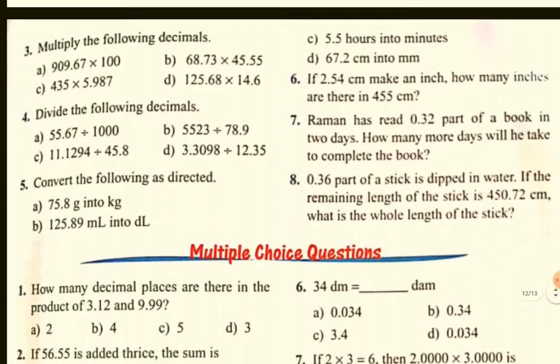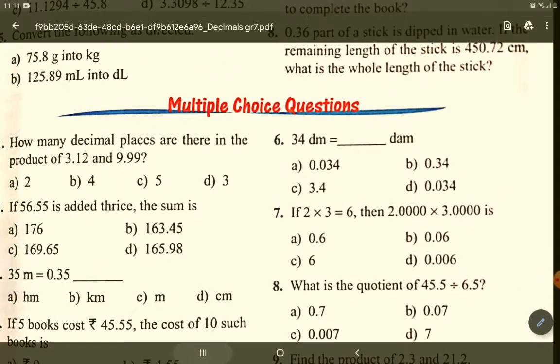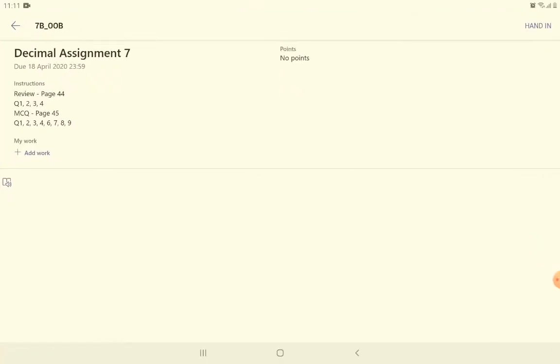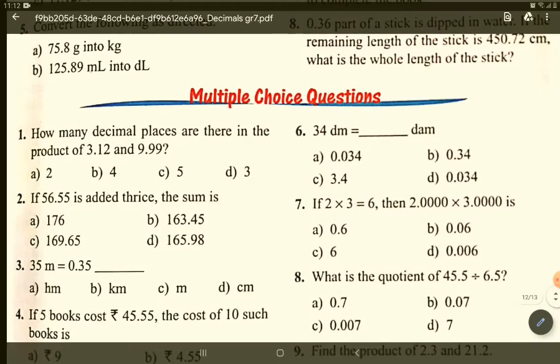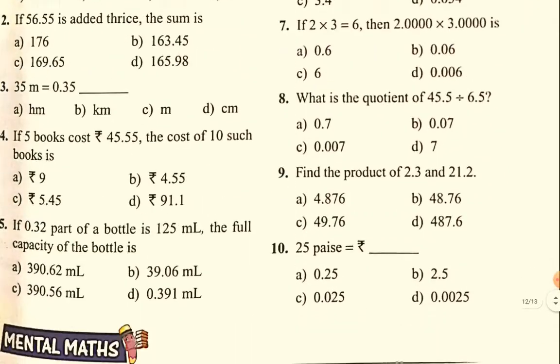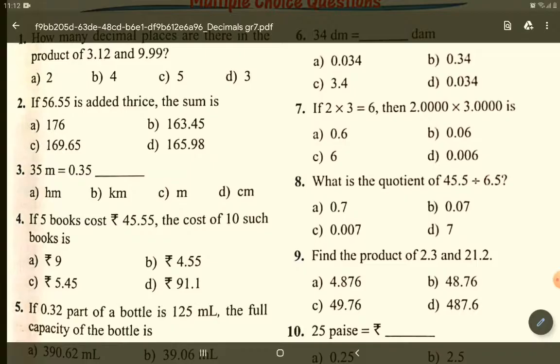Okay, I got MCQ. In that, you can minimize this, and you can go to assignment. These are your questions 1, 2, 3, 4, 5 is not there, then 6, 7, 8, 9. It's very easy, really.